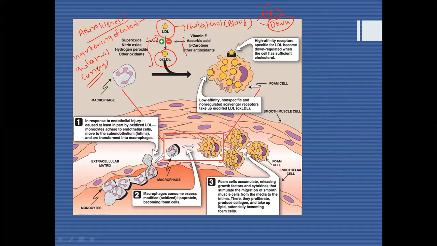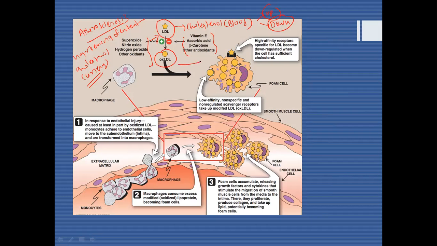Normally we have antioxidants such as vitamin E, A or vitamin C which prevent this free radical mediated modification of LDL. But in certain scenarios, if there is a high amount of LDL in the circulation, then there are chances of formation of oxidized LDL.